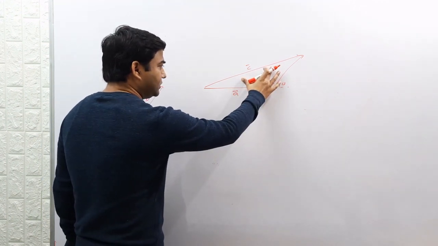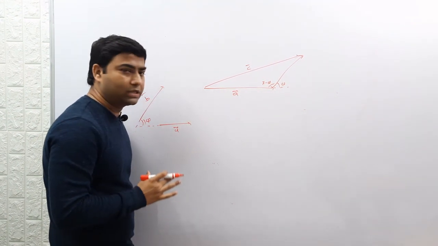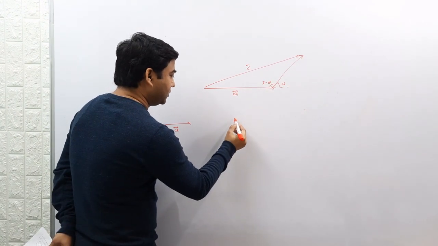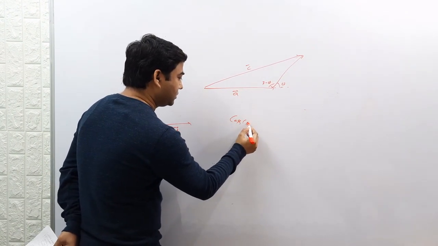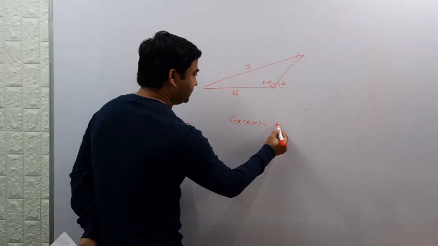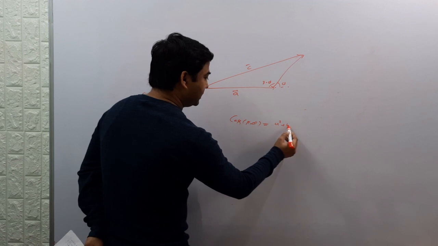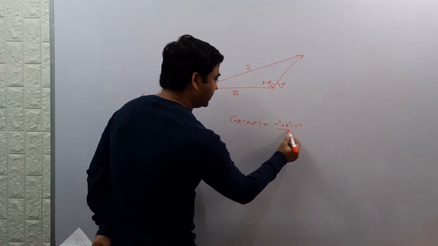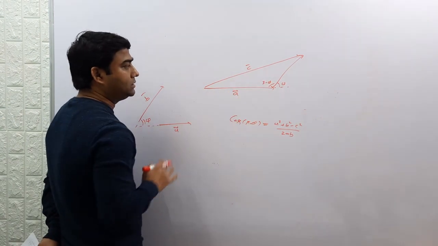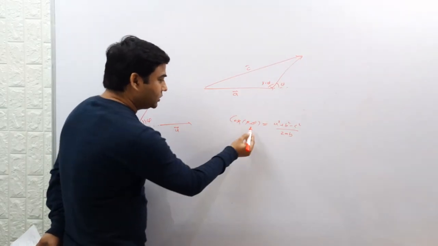To find the length of this vector, we can use the cosine law for a triangle. What that law says: cos(pi minus theta) is equal to (a square plus b square minus c square) divided by 2ab, where a, b, c are the magnitudes of these vectors A, B, C. So this angle is known.